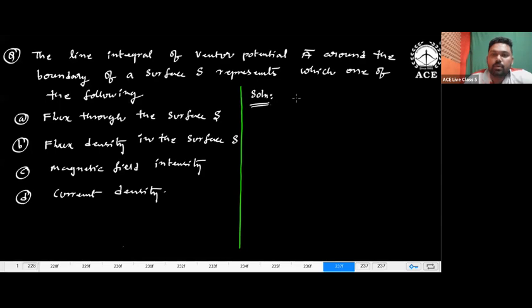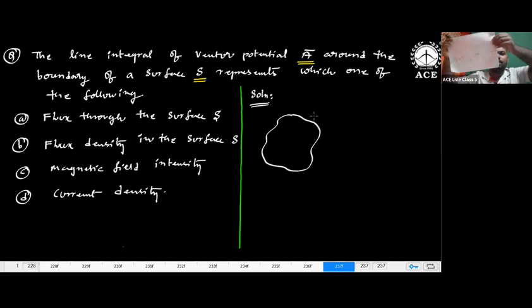Line integral of vector potential A around the boundary of the surface S represents which one of the following? Here is the surface S. Surface will have what kind of boundary, beta? Surface will have a closed boundary. Yes or not? It is having a closed boundary.